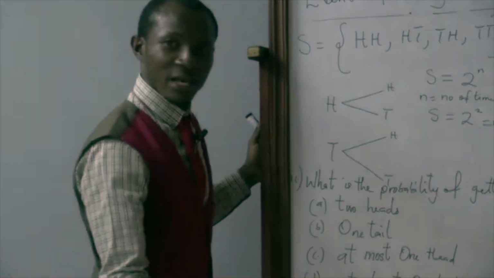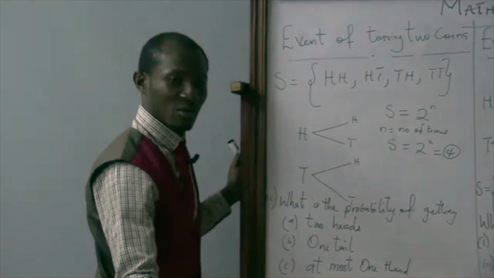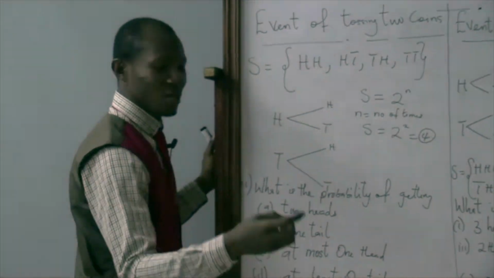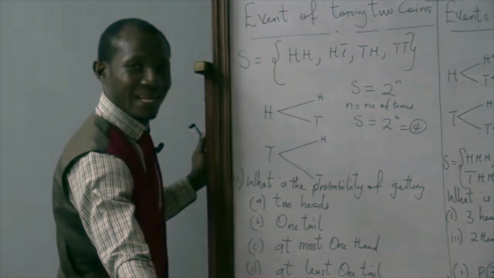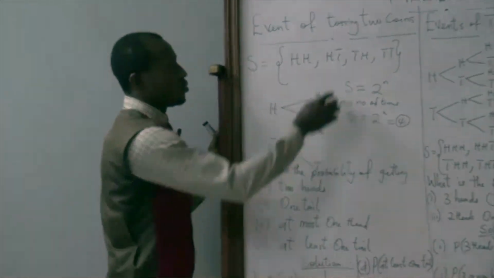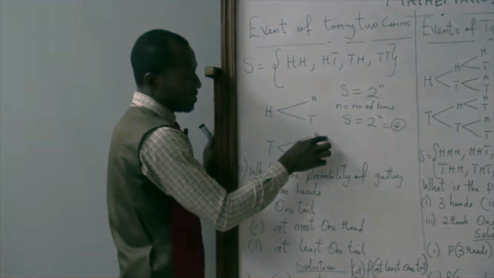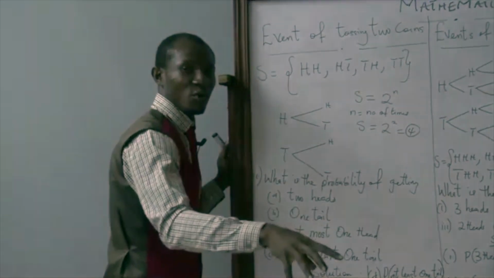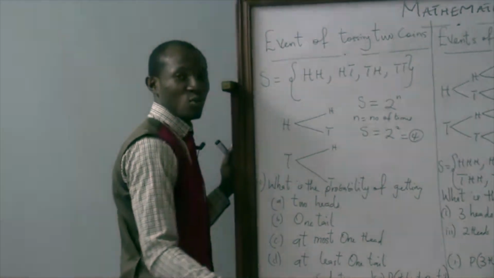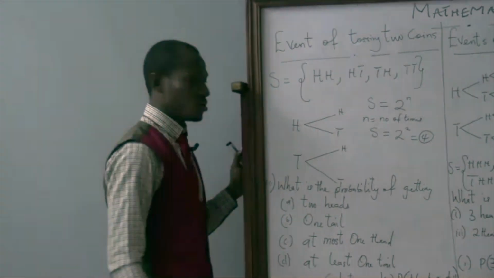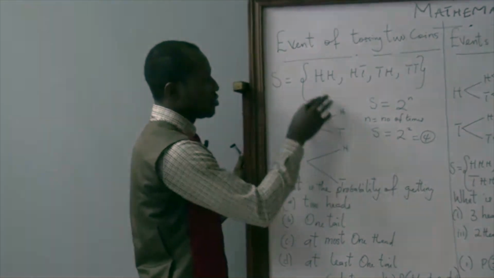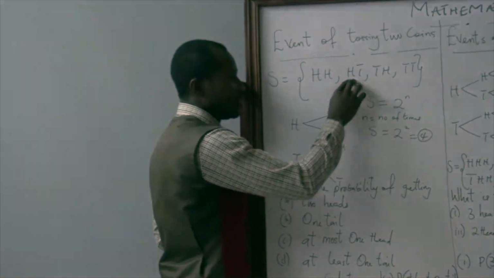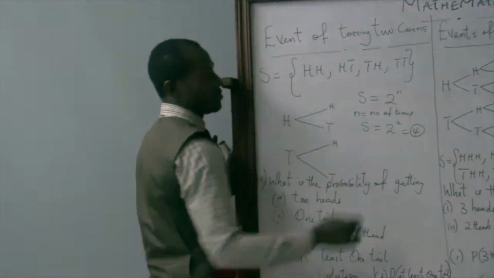It could also be tail on the first one and head on the second one, so tail, head, and also tail, tail. That is, the coins could turn tail on the first one and tail on the second one. So these are the possible outcomes: head, head, head, tail, tail, head, and tail, tail.